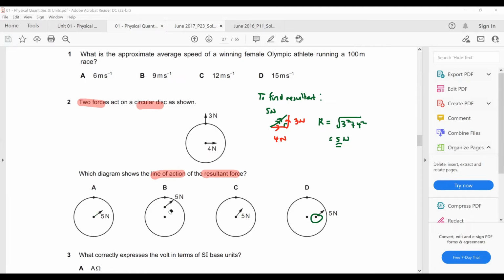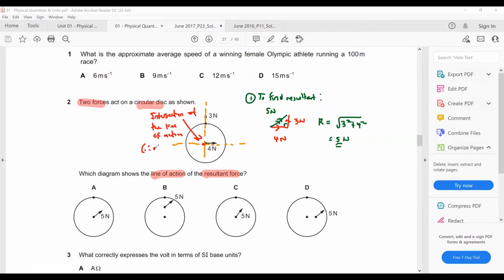Remember I told you that where your resultant would act, it should be at the intersection. So you look at the two forces here. This one is the intersection point of the lines of action.